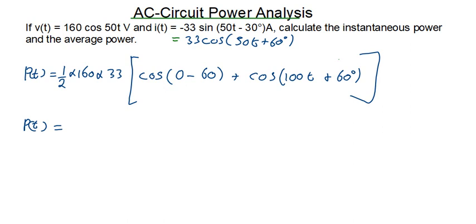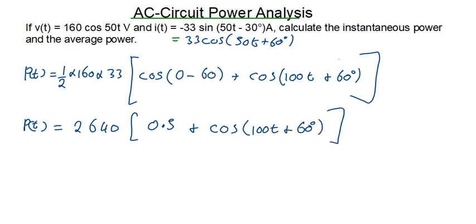I divide by 2, I get 2640. Then cos 60 or cos minus 60 is one and the same thing. It will give us 0.5 or 1 over 2, plus cos of 100t plus 60 degrees.